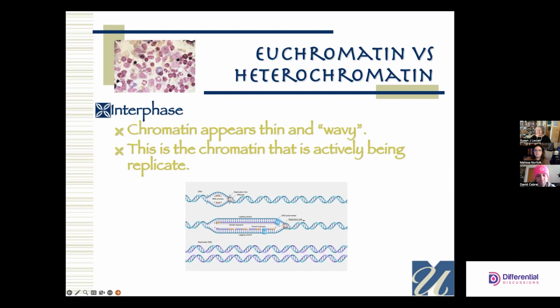But we look at mono sometimes and go, oh my God, it's thin, it's wavy. Maybe if I cross my eyes and look at it slightly out of focus, could possibly be a nucleolus, and then you drive yourself crazy. Well, monos have wavy, thin, stretchy kind of chromatin because they're always active in responding to things.